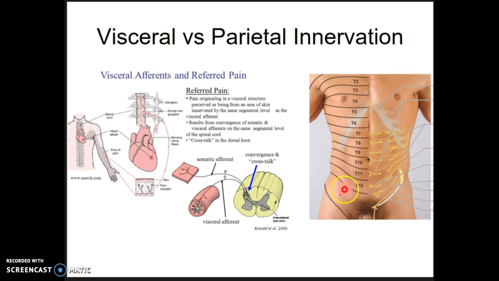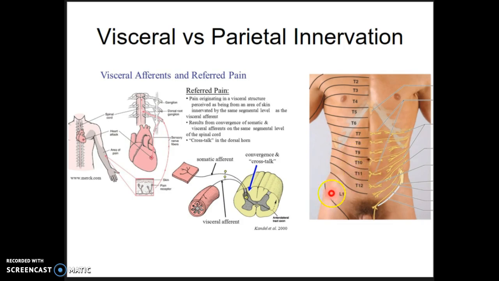So for example, your appendix may be over here somewhere. Can you actually see? Yeah, you can. Okay. Your vermiform appendix may be over here somewhere. But if your vermiform appendix is infected, you may feel it over here in the umbilical region. That's a fairly well-known referred pain pattern.